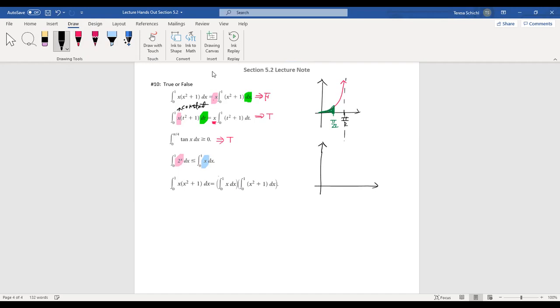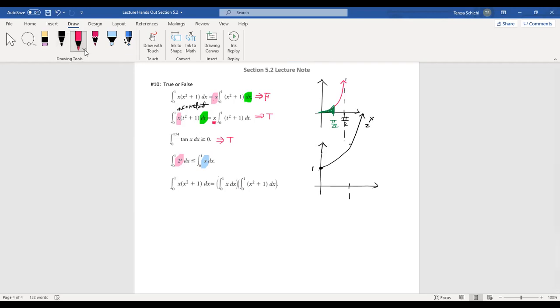So this is from 0 to 1. Okay, so when x equals 0, 2 to the x is 1 here, right? And when x equals 1, this is 2, right? So this function is my 2 to the x.